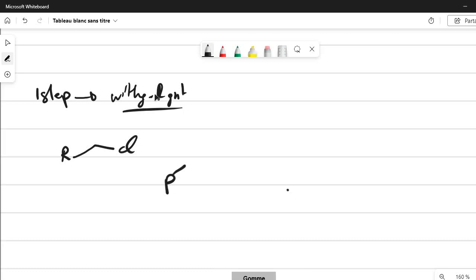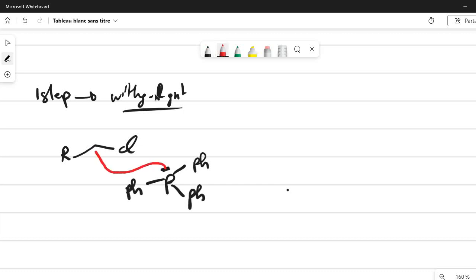Okay, so PPh3, like this. So this is our molecule. We're going to attack this carbon, the most electropositive. The chlorine is going to leave the molecule. It's a good leaving group.